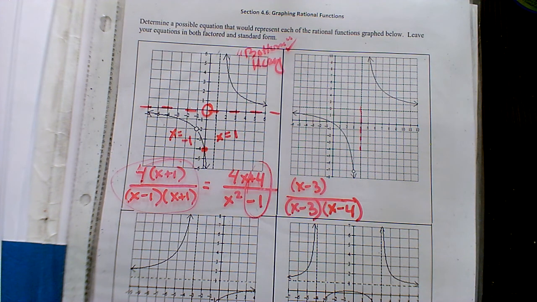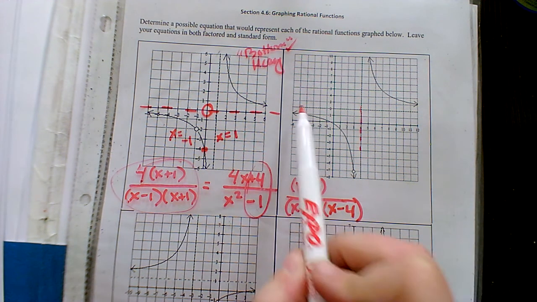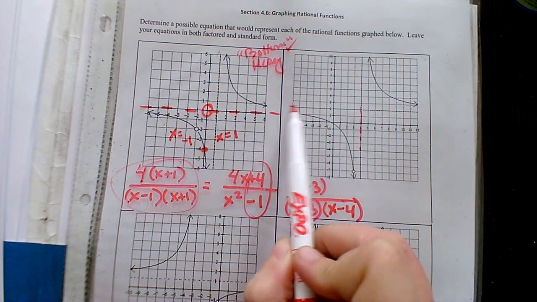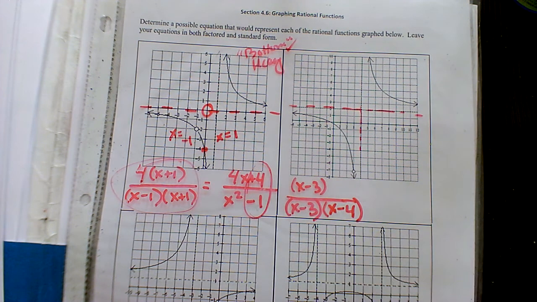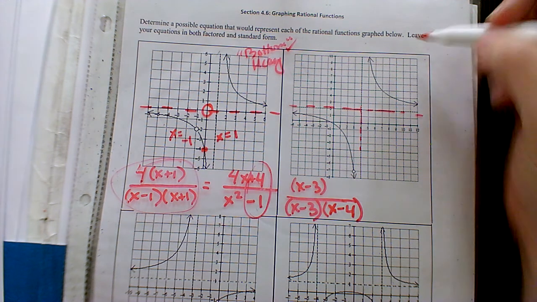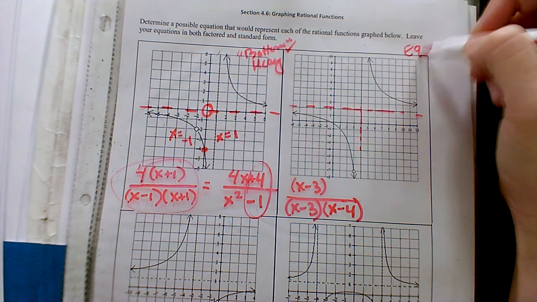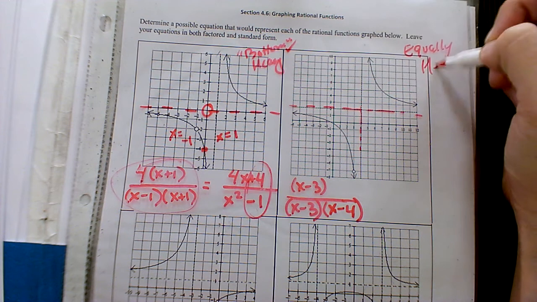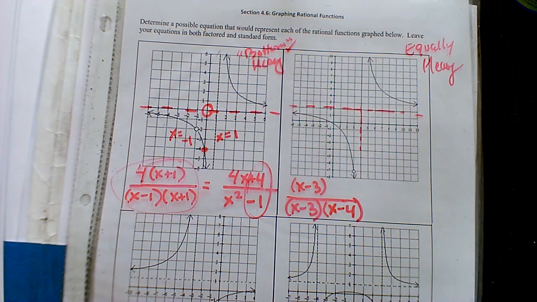What do you think, Grace? At y equals 2. Okay, so what's that telling us about the equation? They're both the same. Okay, so the degrees are equally heavy. So we're going to have the same power up top as we do on the bottom.